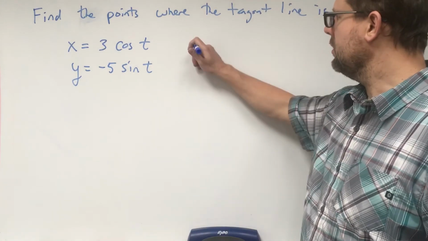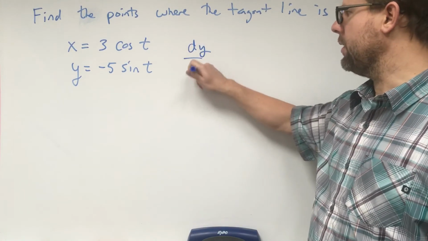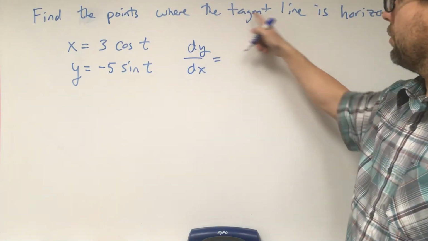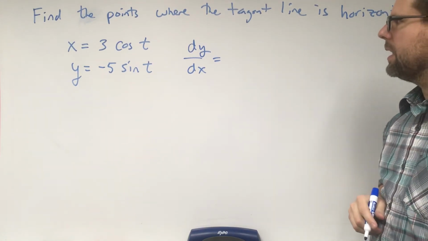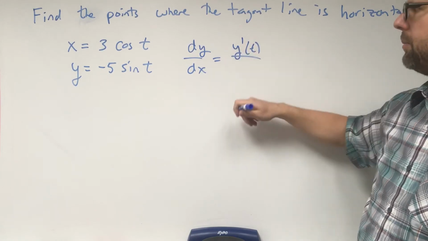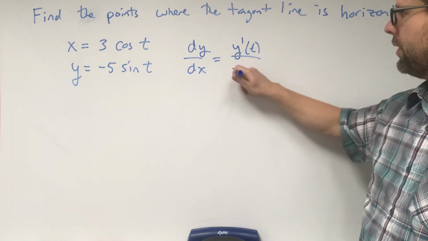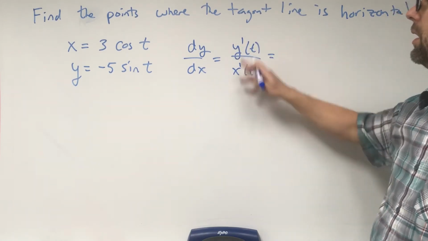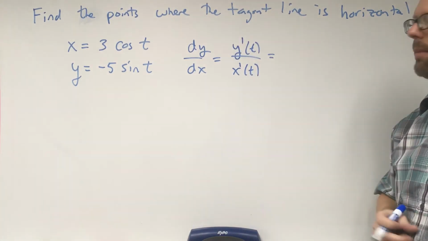So first of all, I want to know where dy dx is equal to 0, because I want to know where the tangent line is horizontal. In order to do that, I'm going to compute dy dt, and now I'm going to use this other notation that some of you prefer, y prime of t over x prime of t.